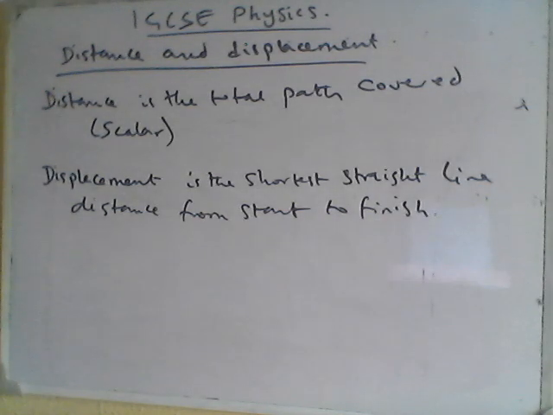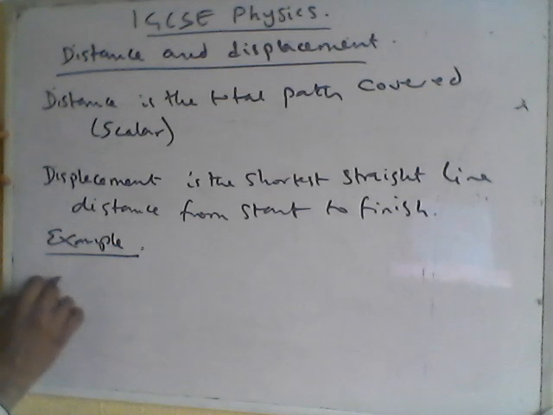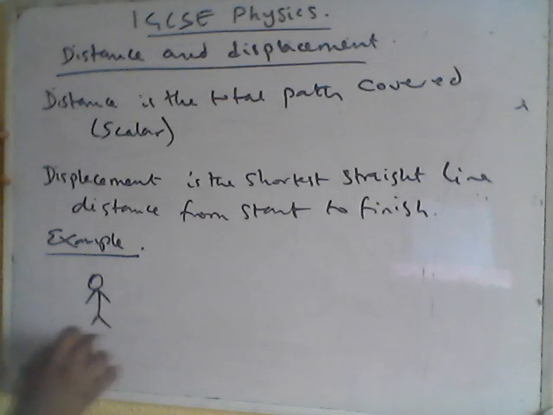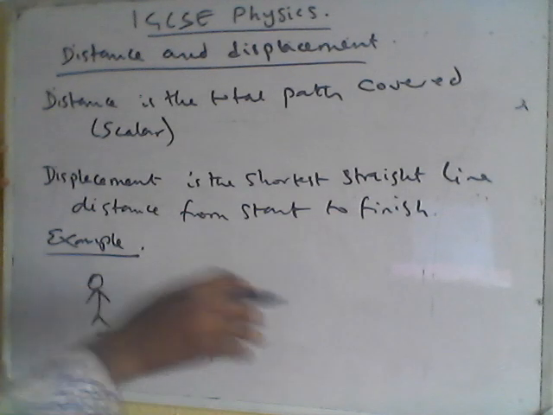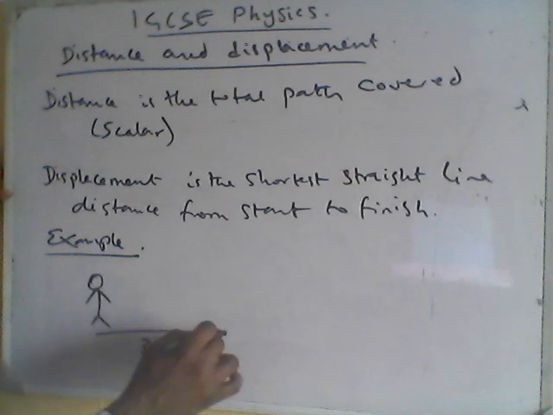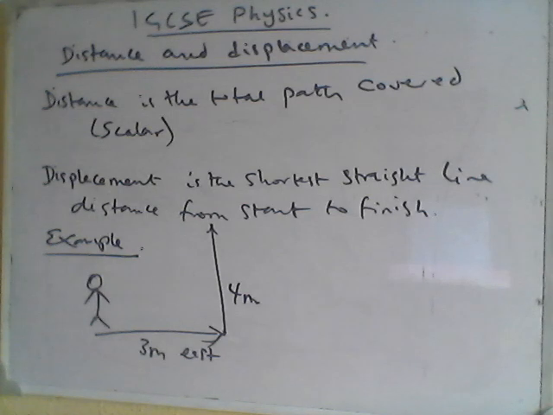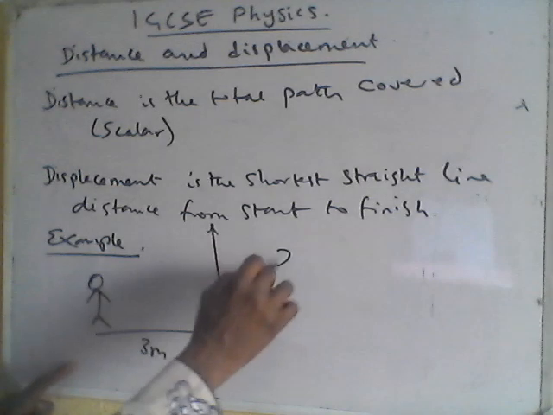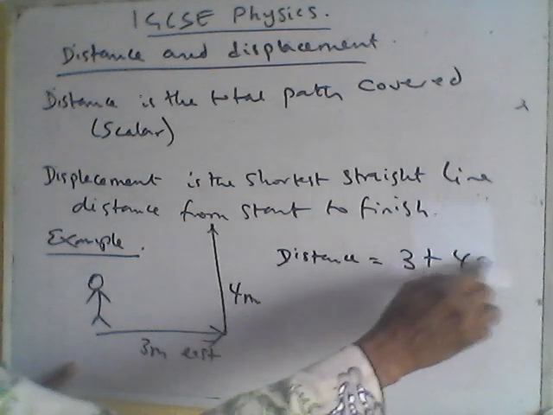As an example, imagine a student walks 3 meters due east, going eastwards, then 4 meters due north. Now the distance is 3 plus 4, which gives me 7.